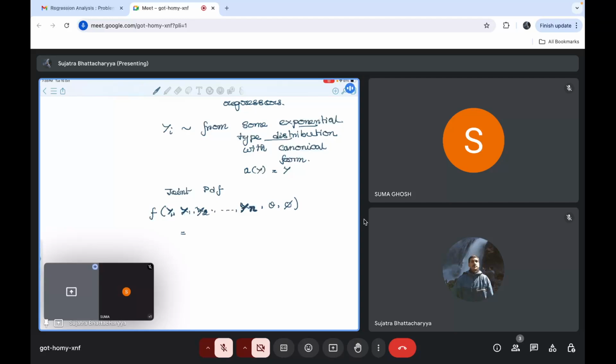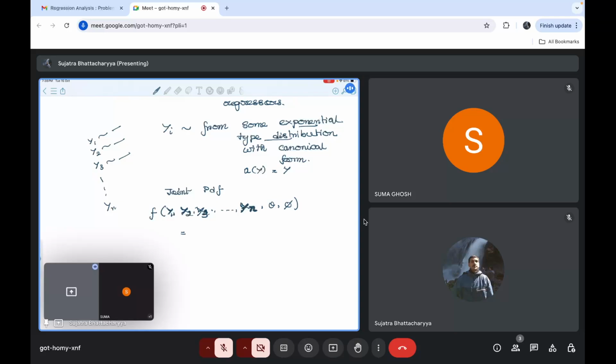The x's are not random variables. So y1, y2, y3, and so on up to yn are each sample observations, and they belong to some kind of a distribution. We have discussed it earlier.